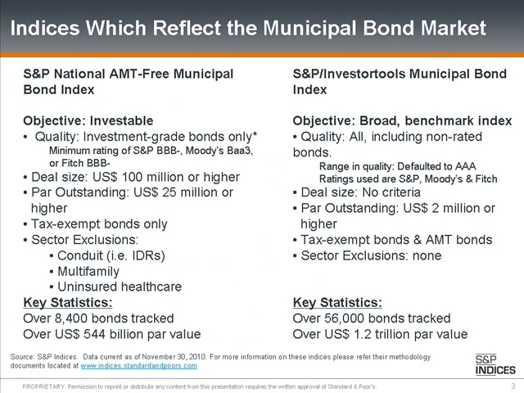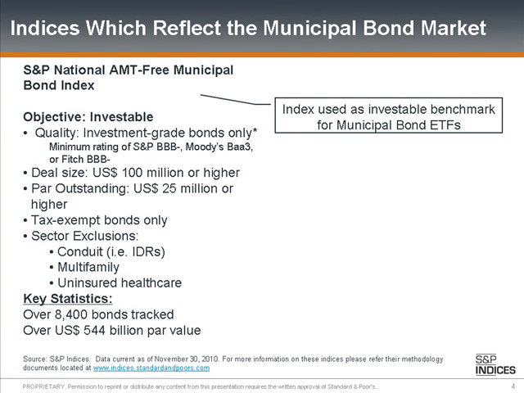The two indices that we'll be talking about as an example to illustrate the municipal bond market include the S&P National AMT Free Municipal Bond Index and the S&P Investor Tools Municipal Bond Index. The S&P National AMT Free Municipal Bond Index is an index designed to be used as an investable benchmark for municipal bond ETFs, or exchange-traded funds.